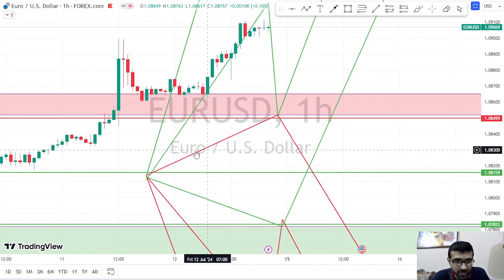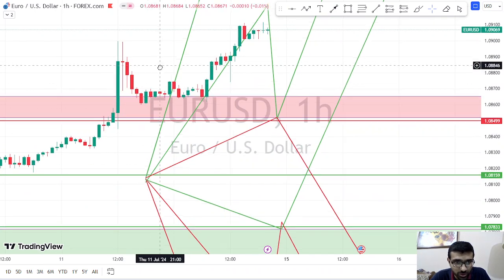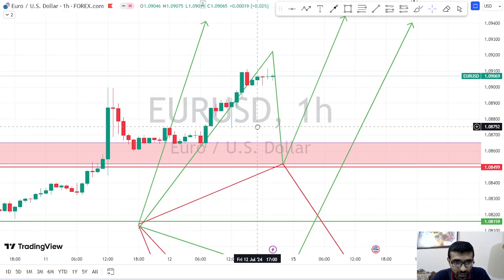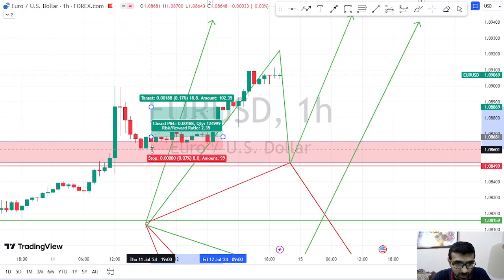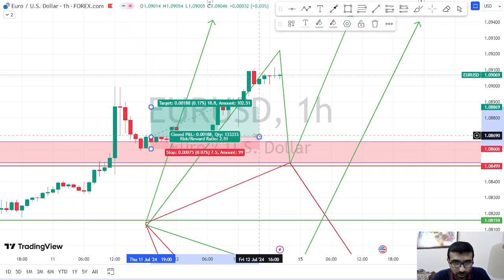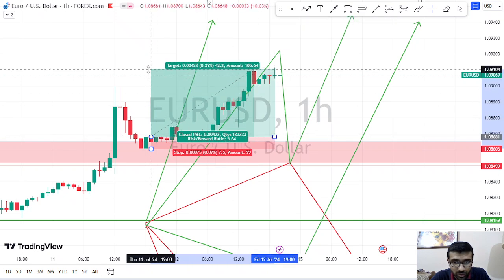When we were discussing the market on Thursday night, the market was trading over here, so this could be your possible first trade. So this could be your first possible entry. Your stop loss would be just below this previous candle, and your take profit could be approximately over here.